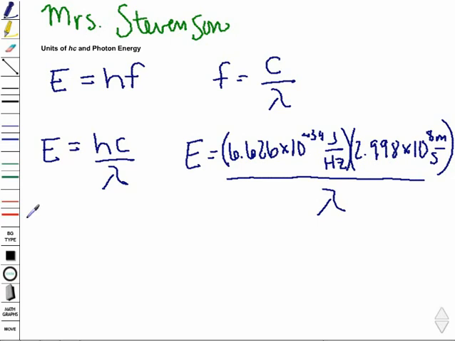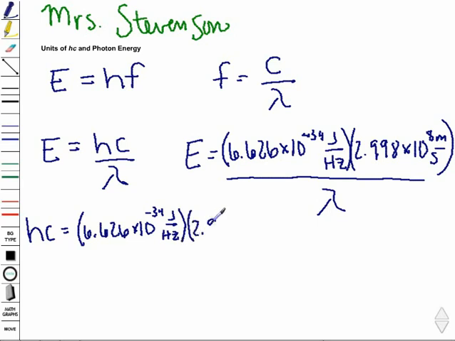So to convert our hc numbers and our joules and meters per second into electron volts, we are going to start off with our Planck's constant, 6.626 times 10 to the minus 34 joule hertz, and then still multiplying by the speed of light, 2.998 times 10 to the 8th meters per second.